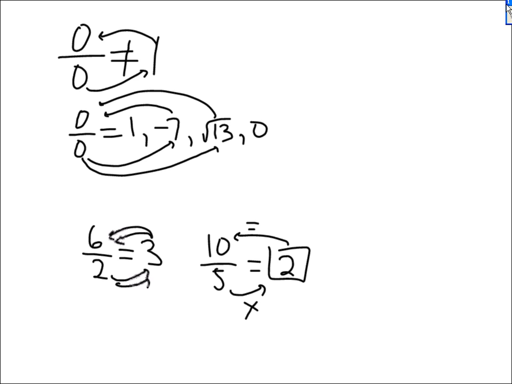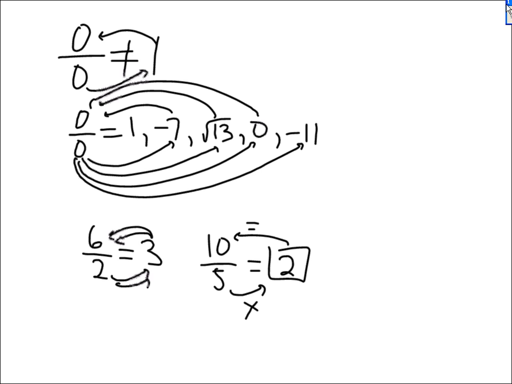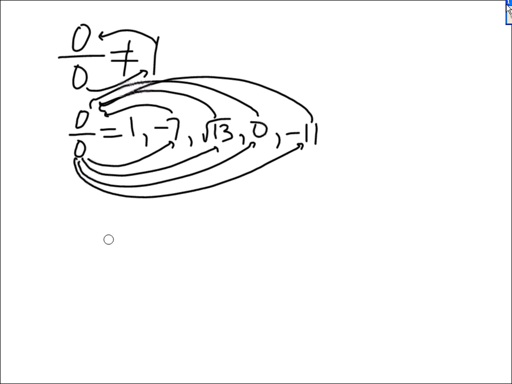Remember, 0 times any number is 0. It even equals 0, since 0 times 0 is 0. It equals negative 11. 0 times any number, like negative 11, gives you back 0. So 0 over 0 is any number. At least that's what it seems like.